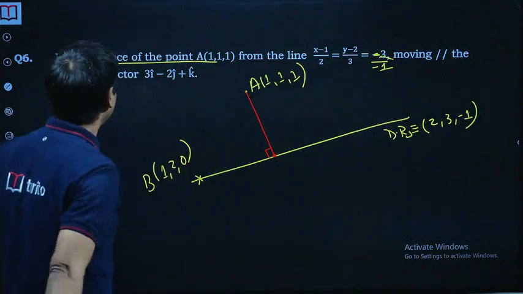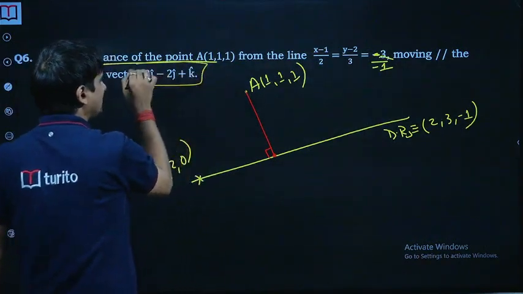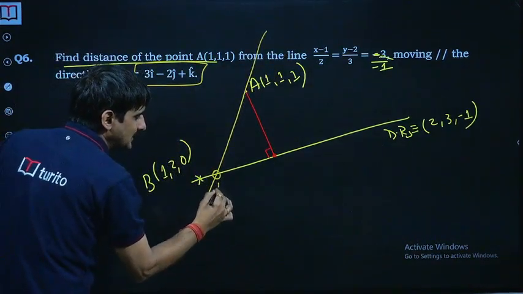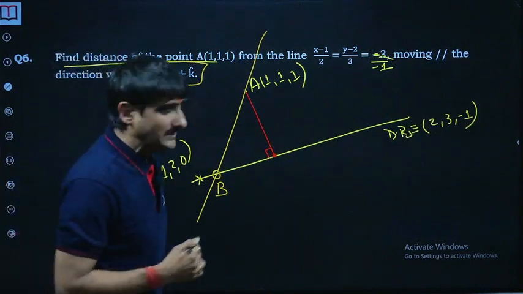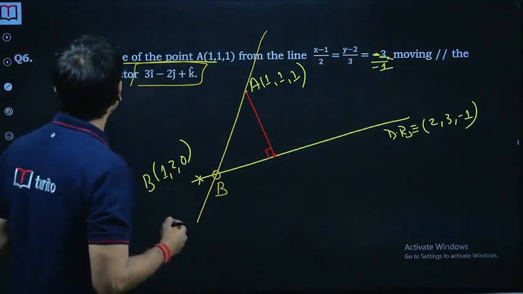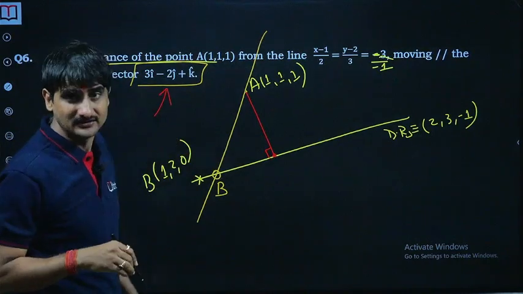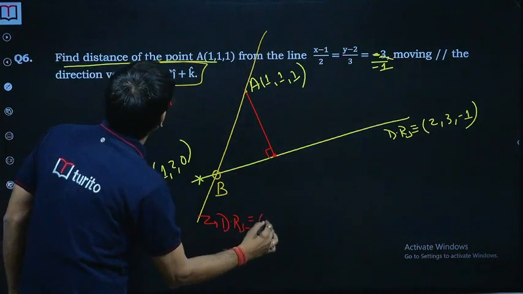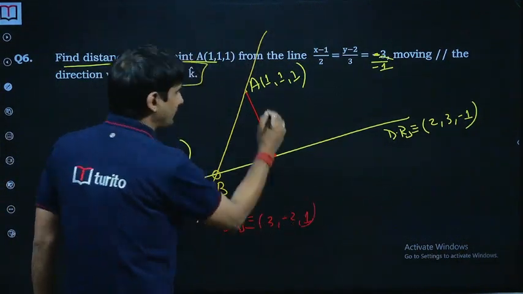For that, I will write the equation of the line. Let's say AB is the line along which I need the distance. So I have to move in the direction of this vector. So I will assume that the drs of this line is 3, minus 2, 1, and a point is given.